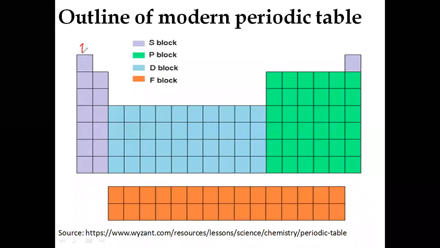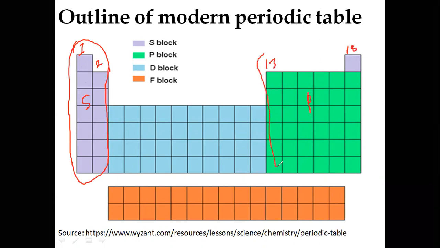This is S block, group number 1 and 2. From 13 to 18 group, this consists of P block. And in between, we have 3 to 12. This consists of D block. And at the bottom, we have F block.